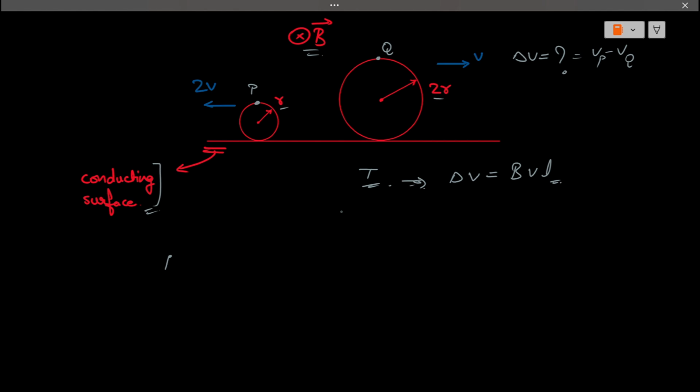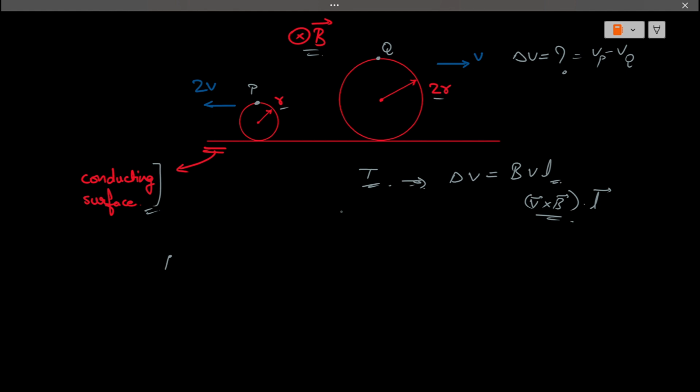Now we'll determine the direction of the EMF from the right hand thumb rule: v vector cross B vector dotted with L vector, and v cross B is just the direction of the motional EMF.